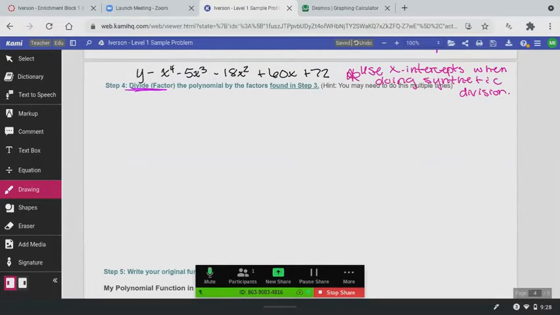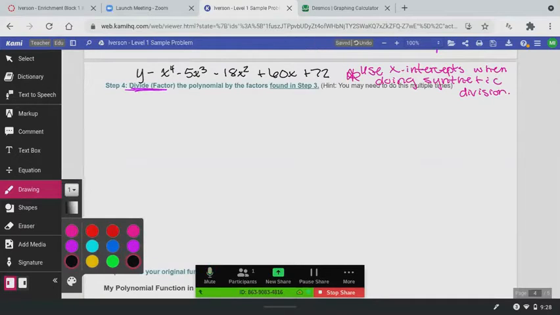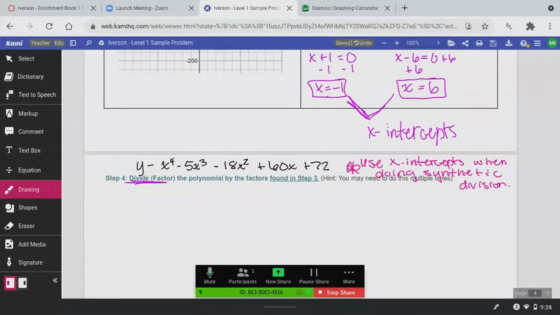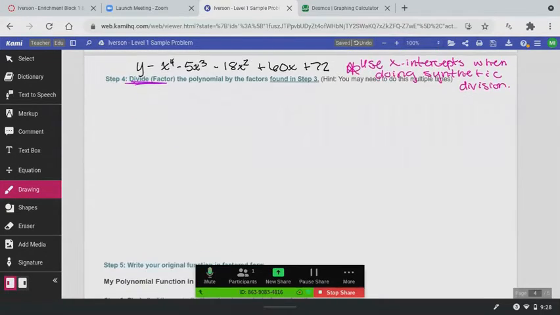So if I'm going to use my x-intercepts when doing synthetic division, I am going to use -1 and +6. I am going to start with writing down my x-intercepts so I know which ones I'm using.